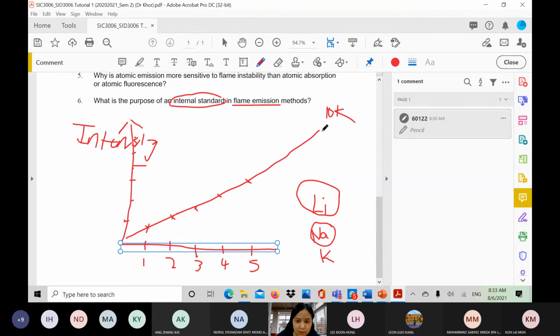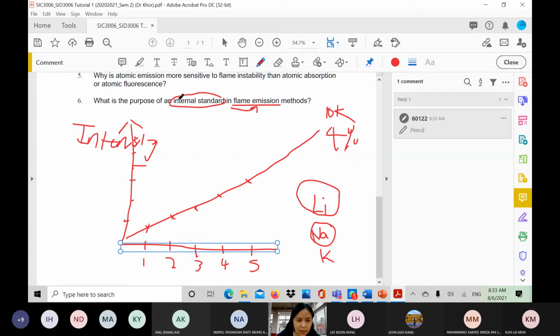It gives us 4% of population change. So if that's the case, we are not able to get a proper calibration plot because this intensity will fluctuate accordingly if there is any unstable flame temperature. So this means that this calibration is not reliable, not accurate.